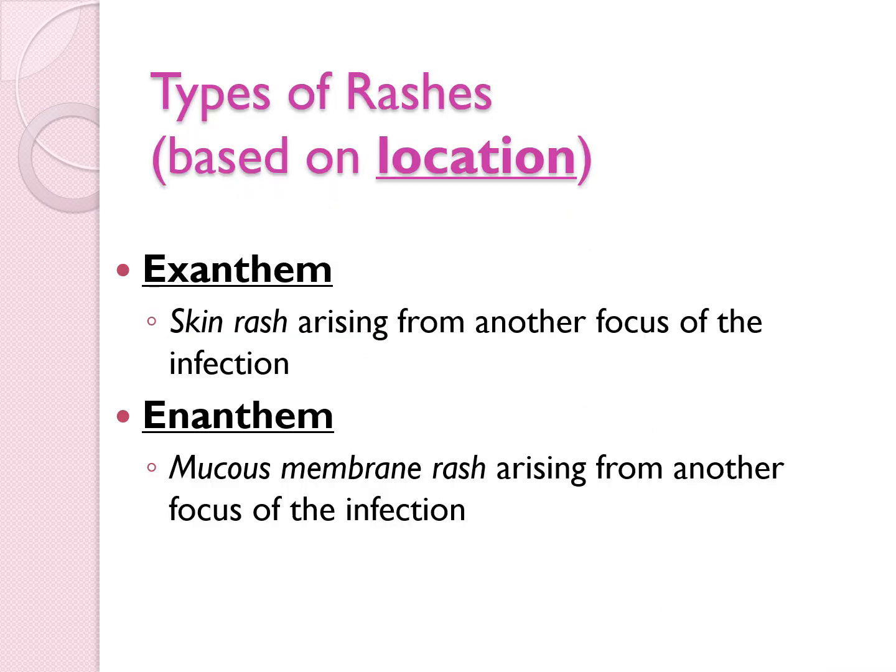Now that leads us to the most common thing that we will see when it comes to skin diseases, and that is rashes. Rashes can be described using 2 descriptions, the first one being their location. So we have the terms exanthem and enanthem. Exanthem is going to be external rashes, like a skin rash, and then enanthem is going to be an internal rash.